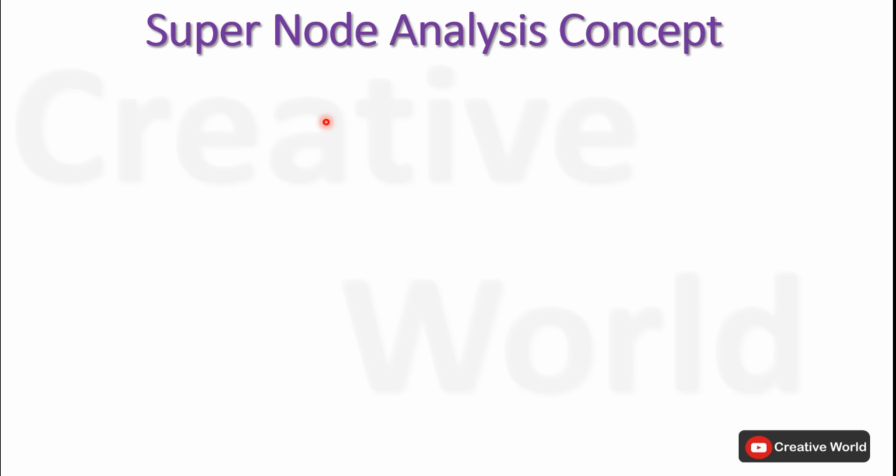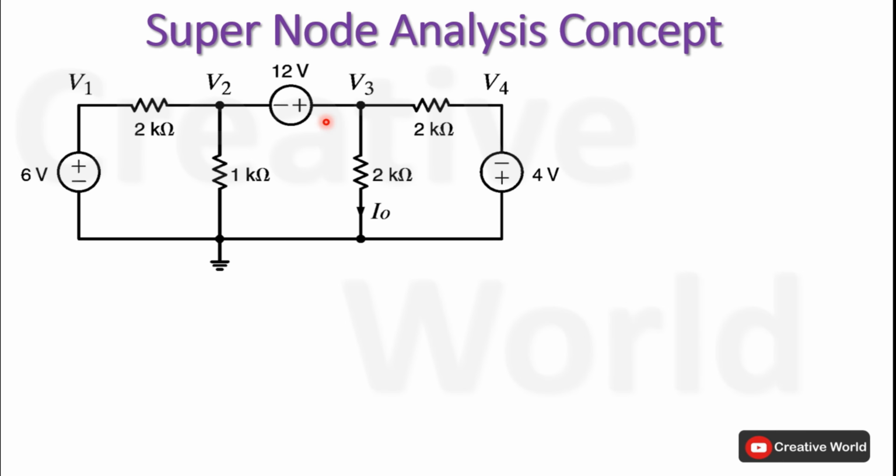Here I am taking a reference circuit diagram for the understanding of supernode analysis concept. In order to apply supernode analysis technique, we have to remember a solid key point. If a voltage source exists between two non-reference nodes, then supernode analysis technique will be applied to solve that problem.